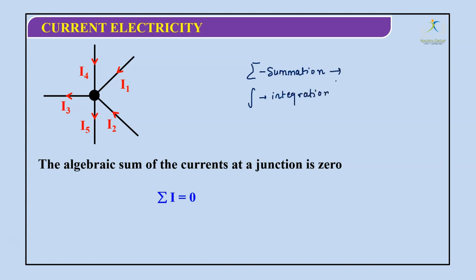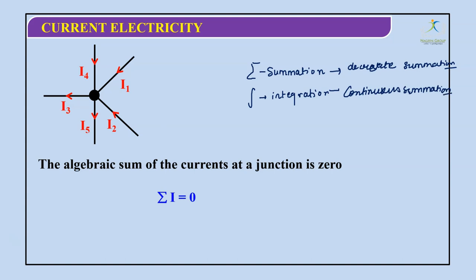So what is the difference between these two? This is a discrete summation and this is a continuous summation.